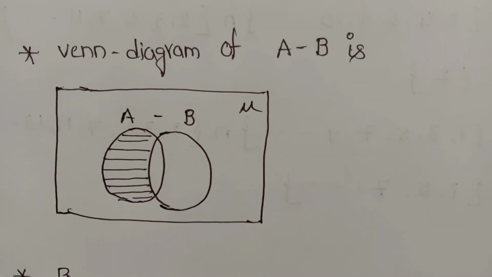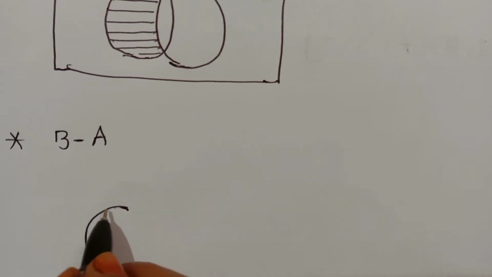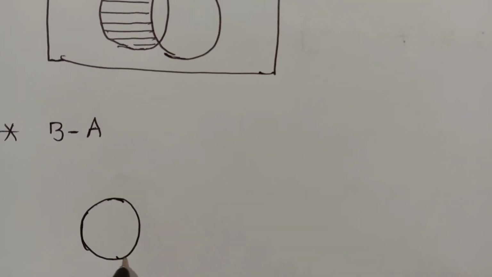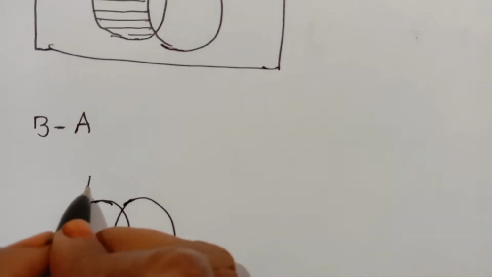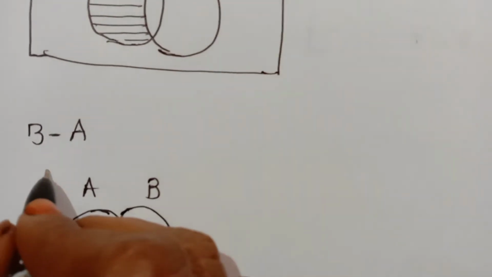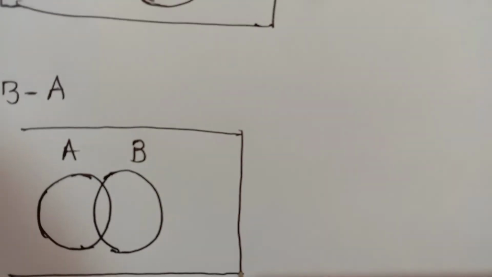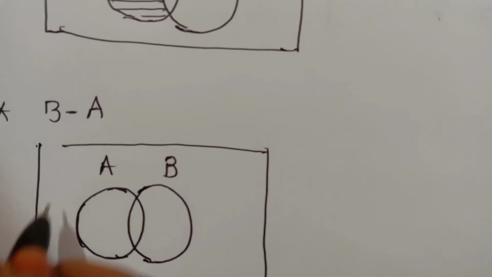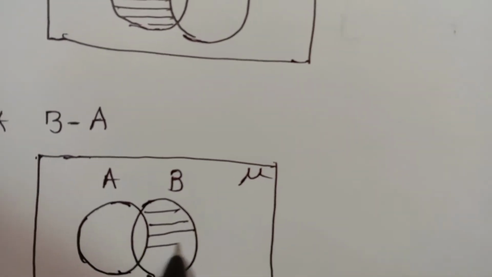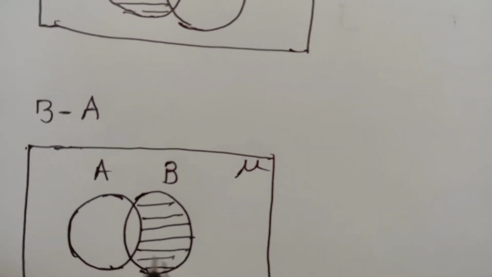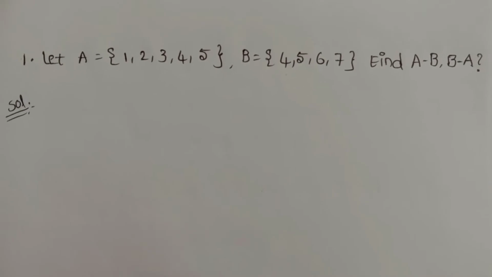Venn diagram of B minus A: shaded B. We will explain difference with the help of an example.